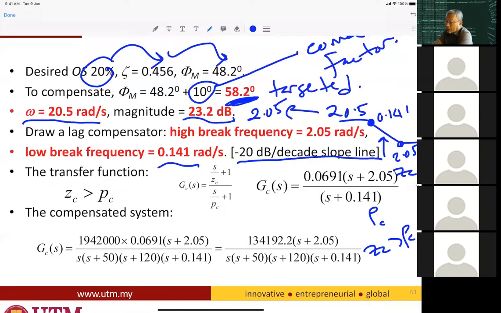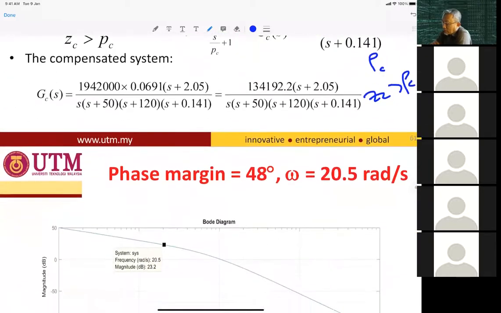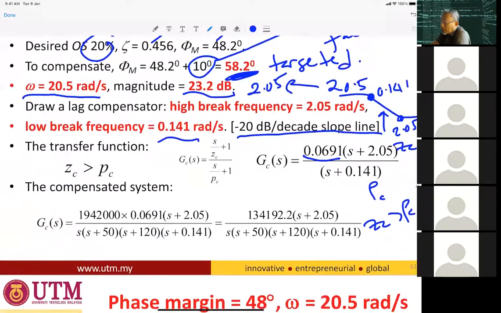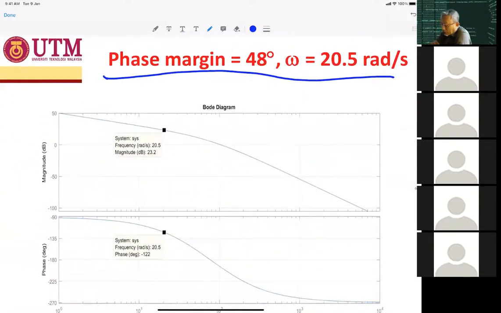And the gain is 0.0691, which is the ratio between PC and ZC. Then you plot this one and try to find the phase margin, which is 58 degrees, at 20.5.